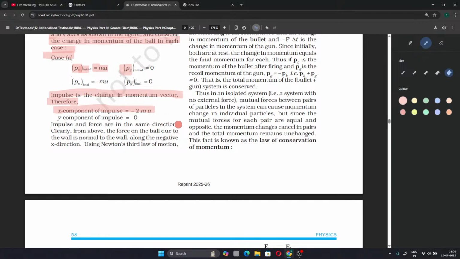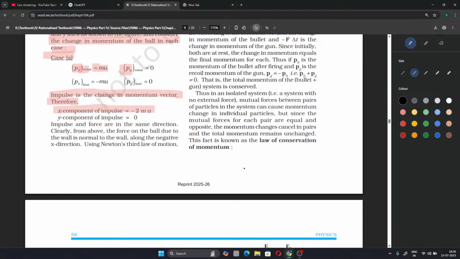We can define impulse as the change in momentum. So the change in momentum is the final momentum minus the initial momentum. Final is minus mu and initial is mu.